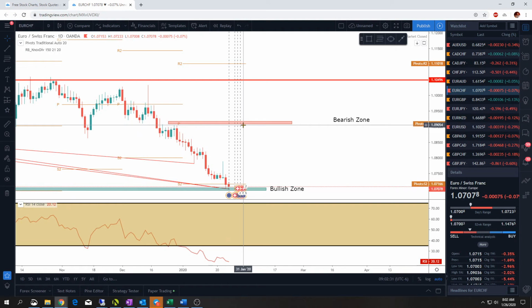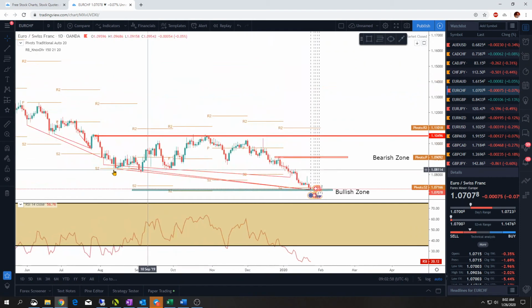We have a missed pivot, and that's what I'm going to be looking for. But there's much higher probability trades to take. So if you take this one, use very good money management, small position, and you might just catch a really good pullback or a good turnaround.